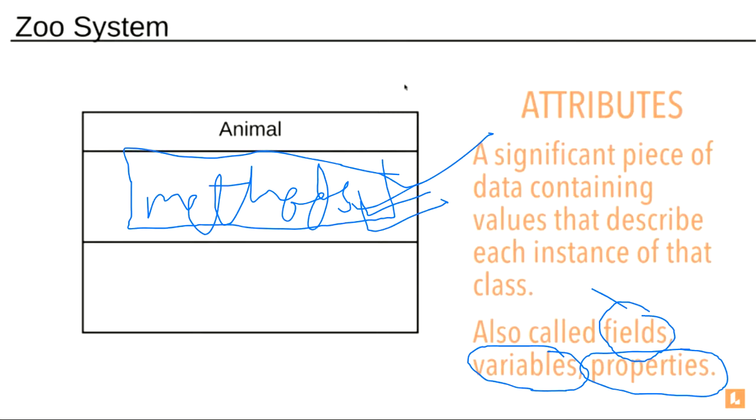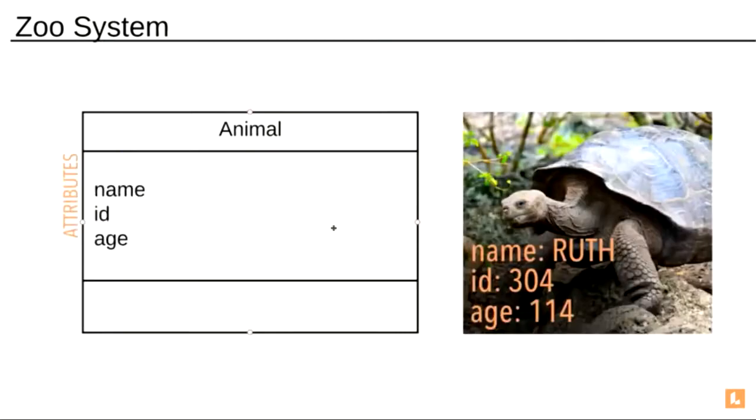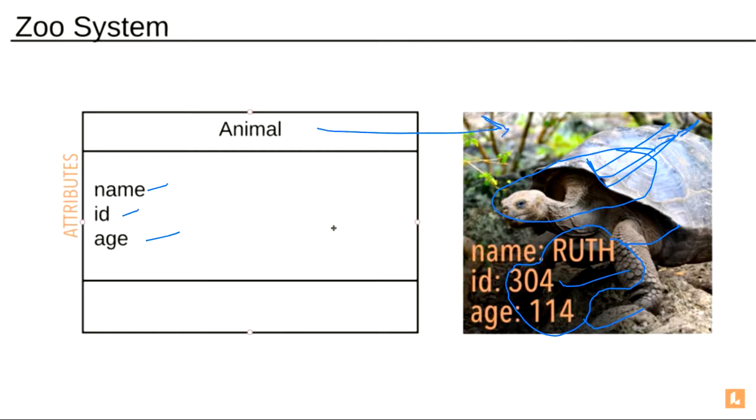For example, for this animal class, name, ID, age, these can be some of the properties. Okay, for example, if this is a tortoise, his name can be Ruth, this can be his ID, this can be his age. So these are the properties on the basis of which you are identifying this object from this animal class. Okay, it can be more than that also, it can be less than that also, it depends on the question.